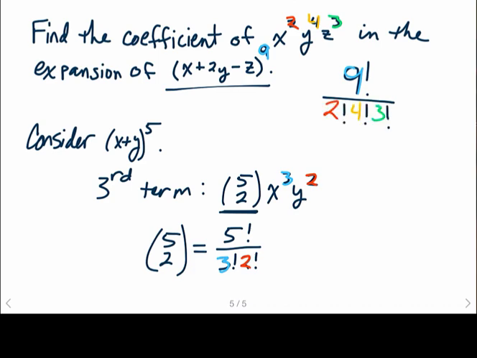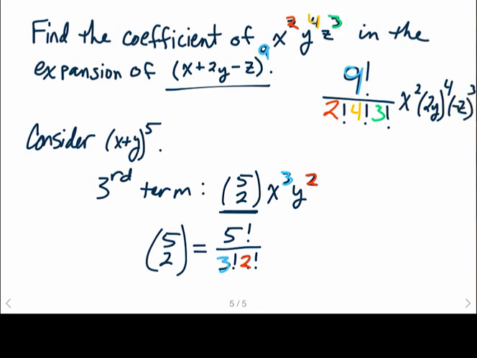Those factorials match the stated exponents of the desired term. Now that's, let's say, the standalone coefficient. But the term is actually x squared times 2y to the fourth power times negative z cubed.